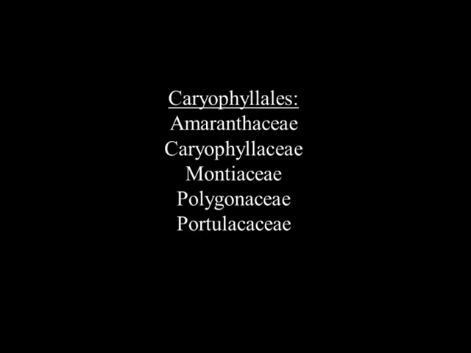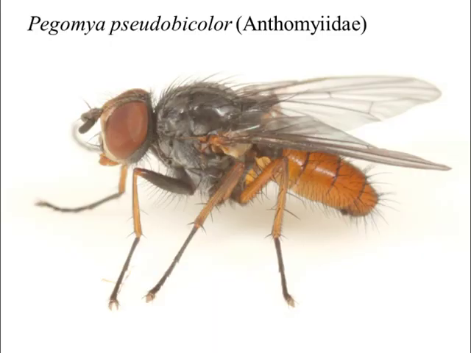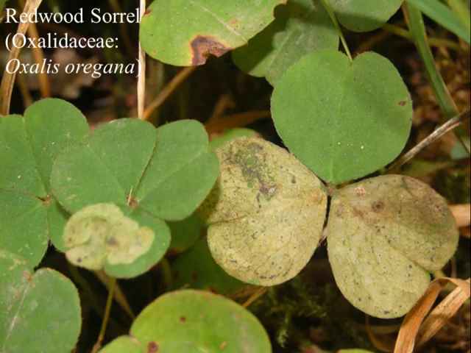And the majority of Pegomya species are miners in various families in the order Caryophyllales, as is the case with this western species, Pegomya pseudobicolor, which is mostly associated with Polygonaceae, but in Washington I found it mining leaves of oxalis, which is a totally unrelated plant, but both oxalis and various Polygonaceae have oxalic acid in them, and they taste the same to us and presumably to the flies as well.